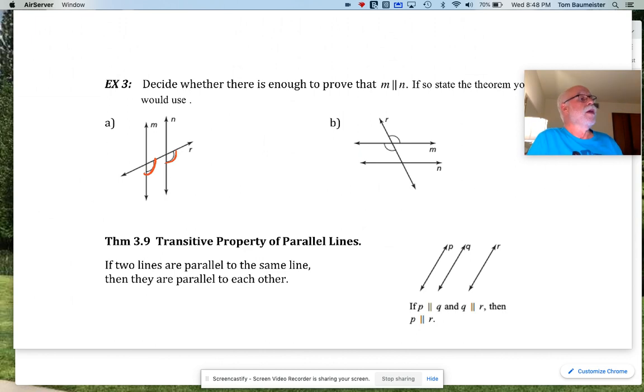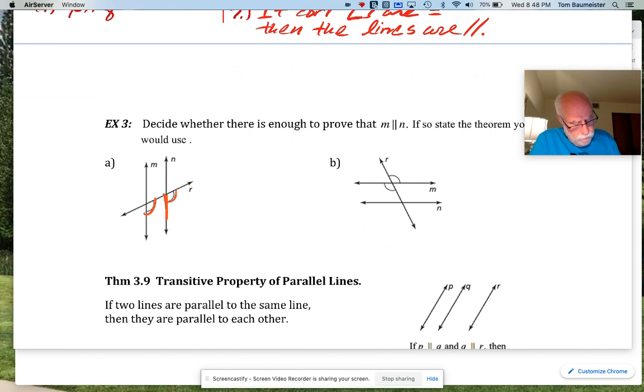What does that show? We can have sideways F's here. If we look there, we do have the top of the F and the top of the F. So on this one it's yes, and our reason is the corresponding angles converse.